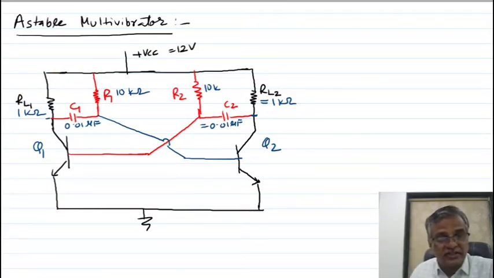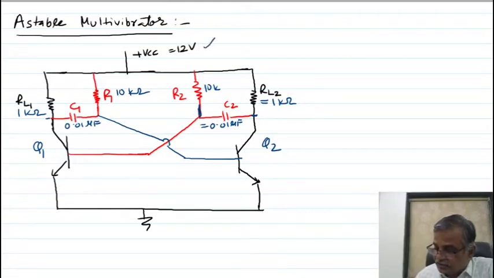To analyze the circuit, it is assumed that the circuit is oscillating, and it will continue to do so. Let us start the discussion.